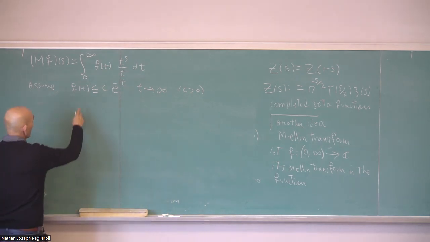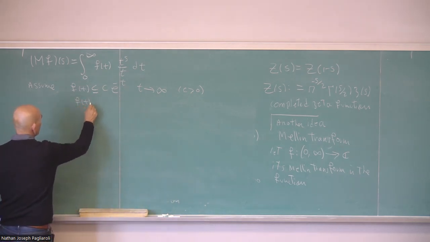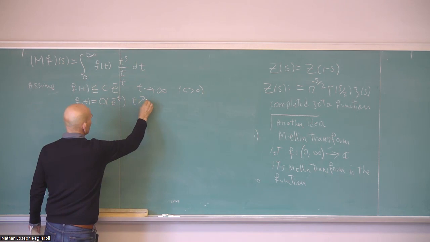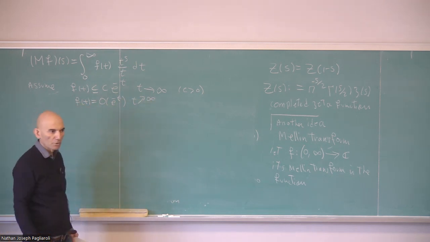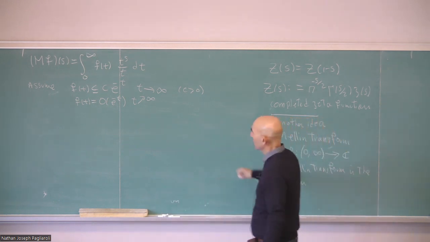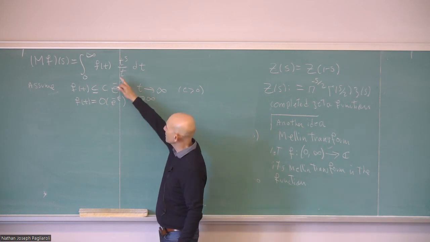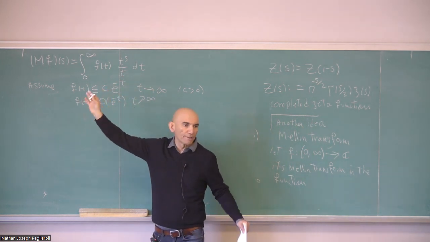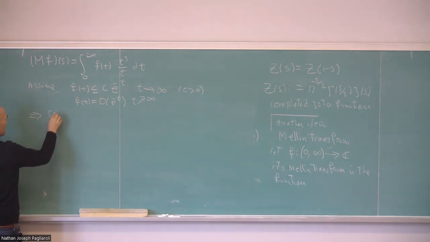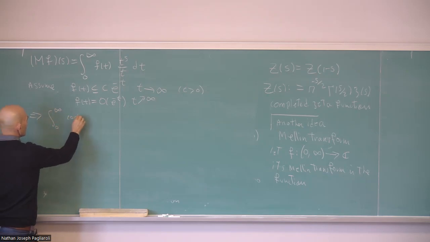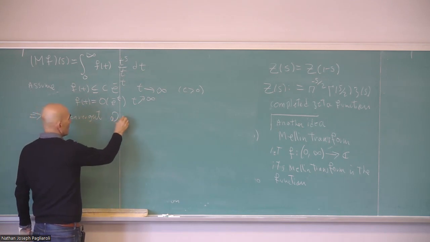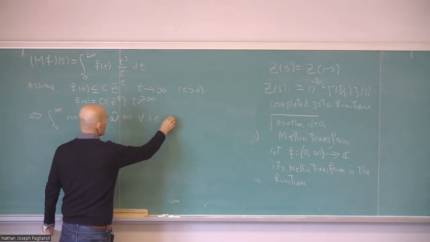We usually also write it in the form f of t equals O of e to the minus t as t goes to infinity, capital O, big O. Certainly that guarantees that the integral is convergent at the upper limit, at infinity, for all s belonging to C.